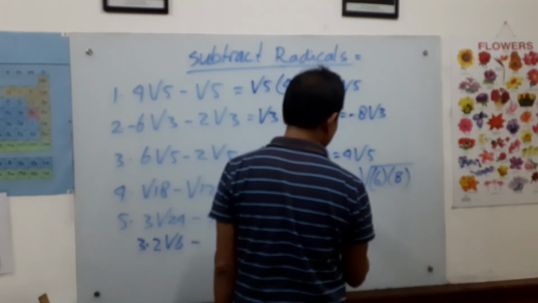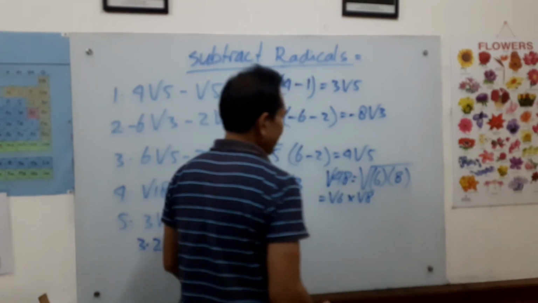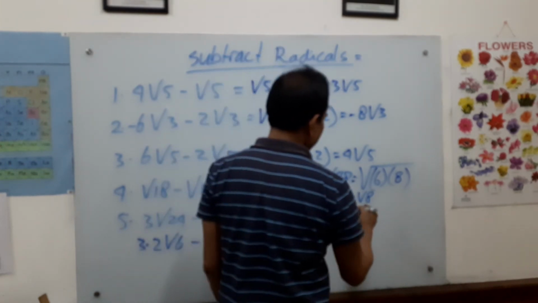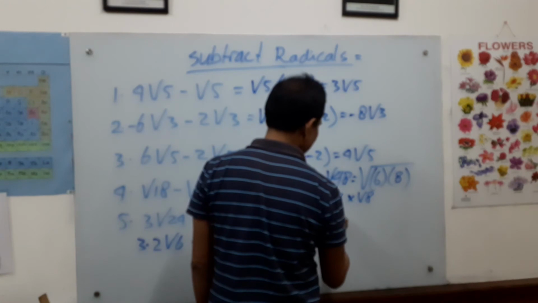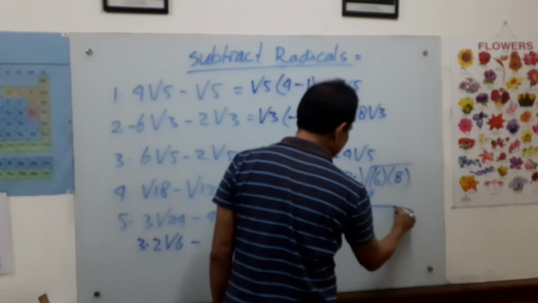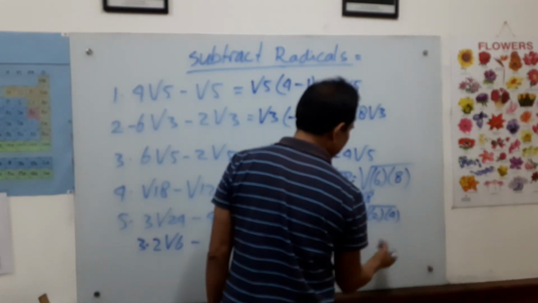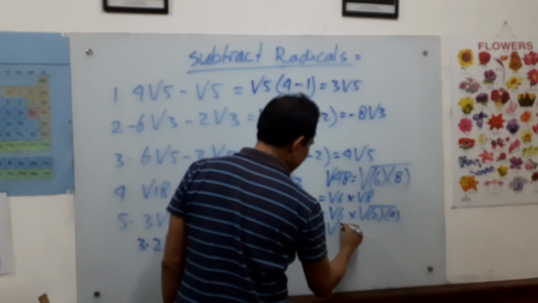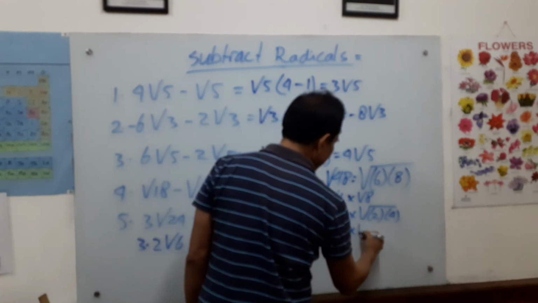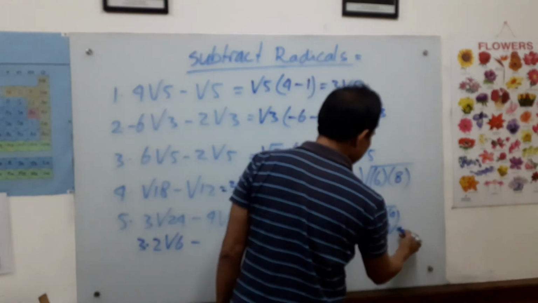Okay, so square root 6 times square root 8. Now we cannot break square root 6, but we can still break square root 8. So square root 6 times square root, we break this, 2 times 4. So square root 6 times square root 2 times square root 4.